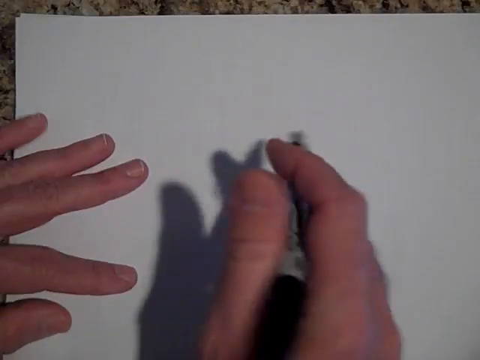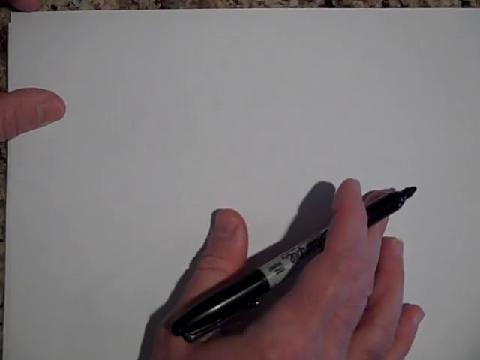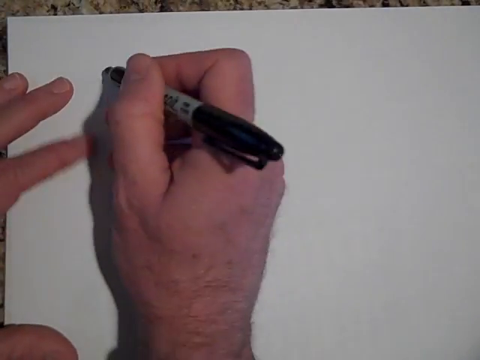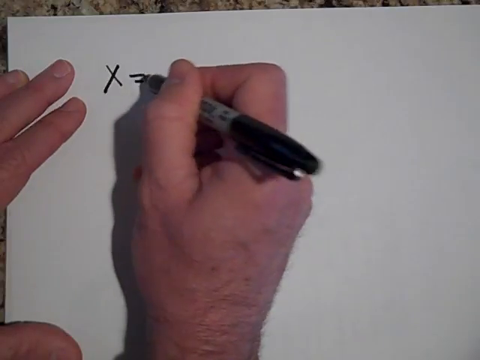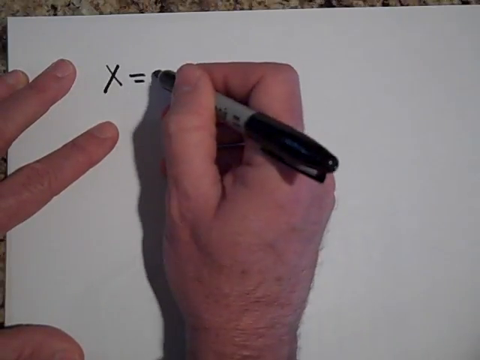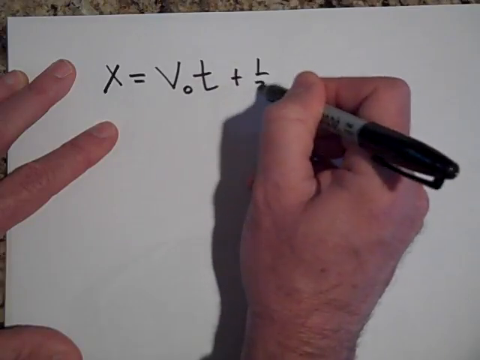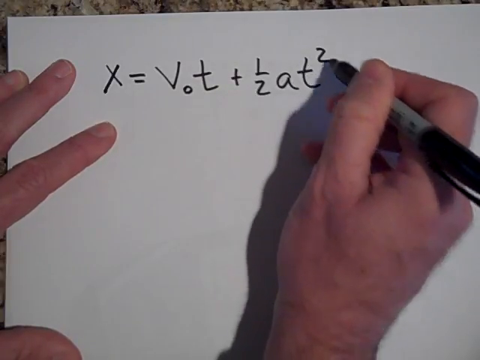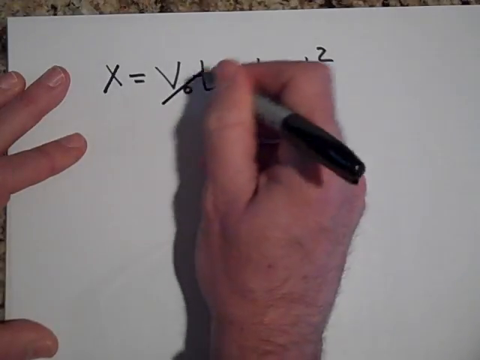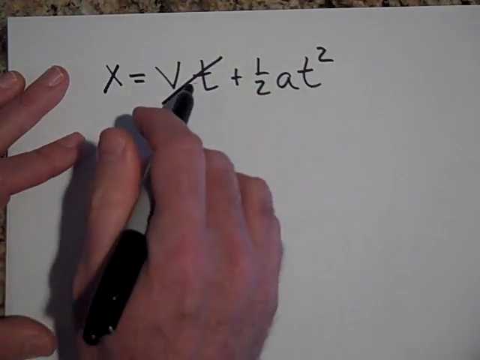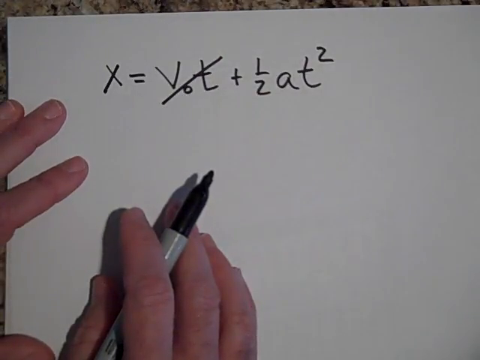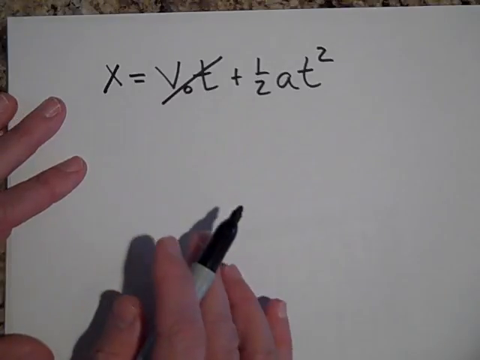They'll take an equation like, let's say a car has constant acceleration and it starts from rest. So, if it starts from rest, that means this term goes away because V0 is 0. And so they might give you the graph.